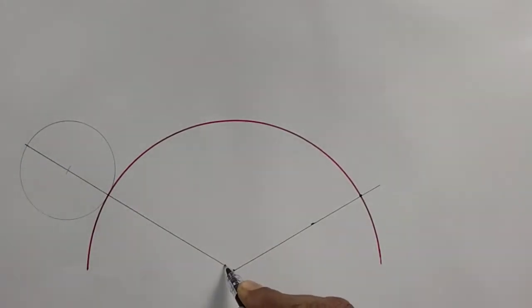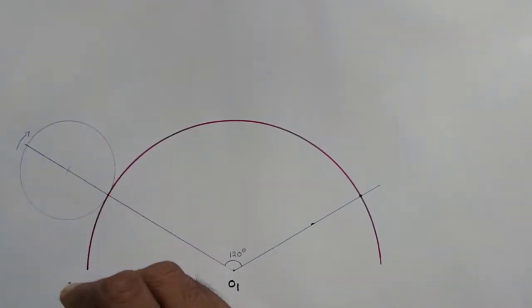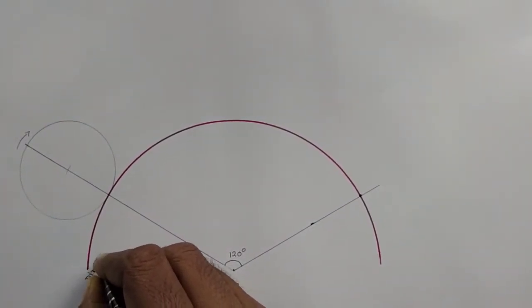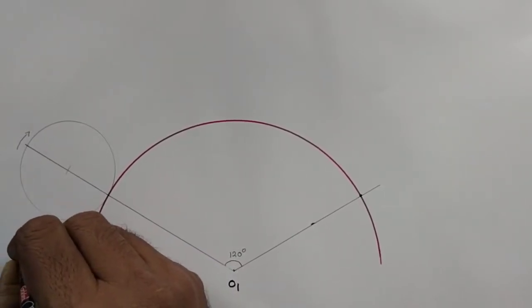This 120-degree angle is traveled by the rolling circle during its one revolution on our directrix circle. This is our rolling circle.